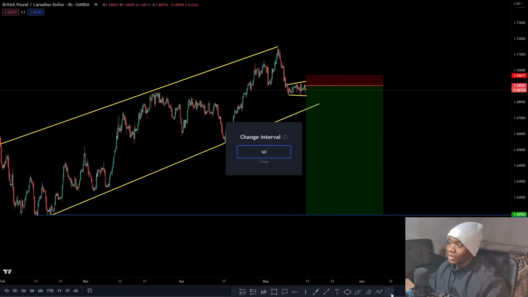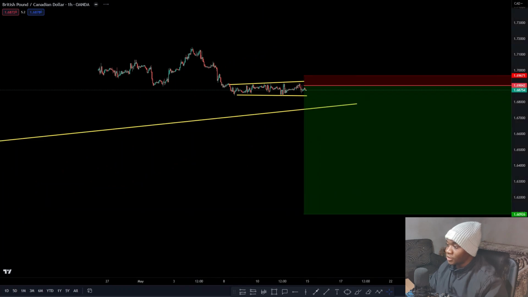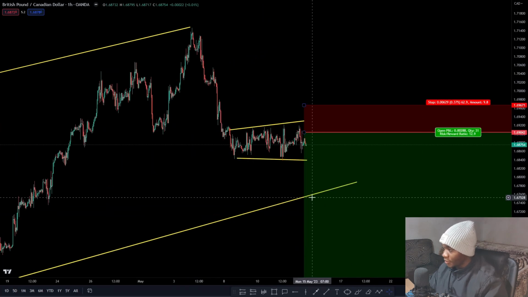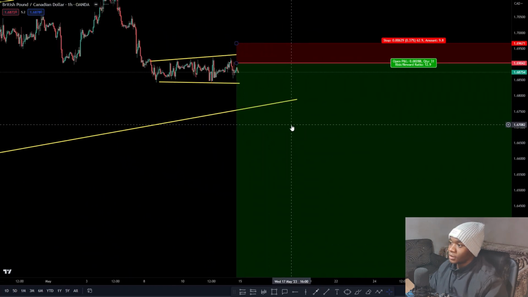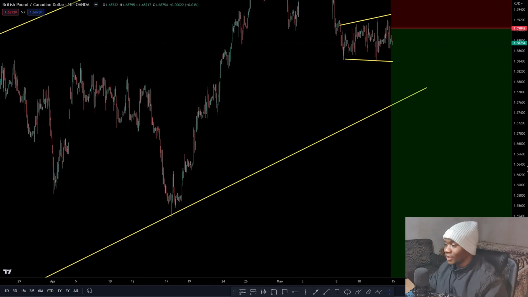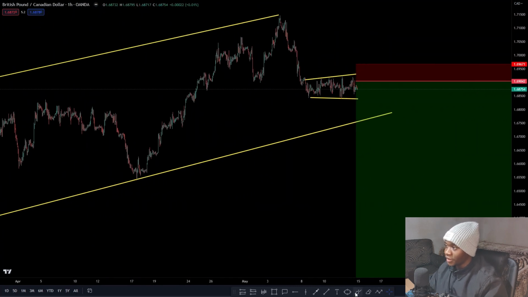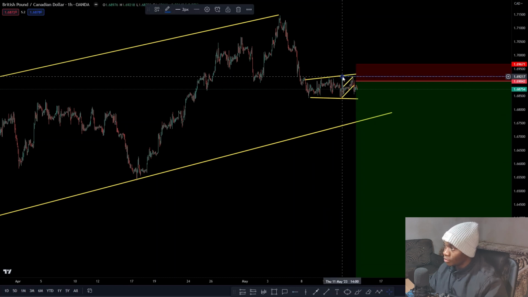So I'll just go to the 1 hour to see if the 1 hour agrees with what I was saying. And yeah, the 1 hour is even better because we have something interesting. Inside that correction, we have another correction, which is this one. And then we also have a double top.